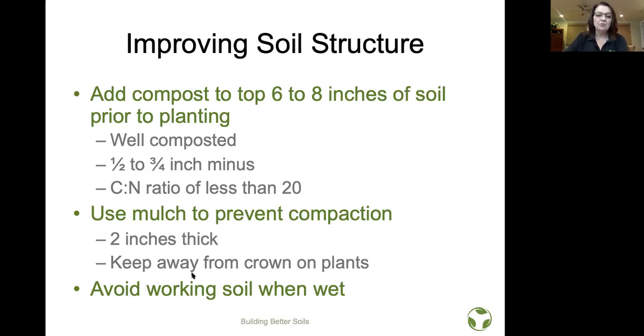And we want to make sure that when you do use mulch, you keep it away from the crown of the plants. And another thing that's really important is to avoid working your soil when wet. Don't go walking over it or moving equipment over it. If you have mulch down, that really does help prevent compaction, but never till a wet soil, especially like right after a rain.